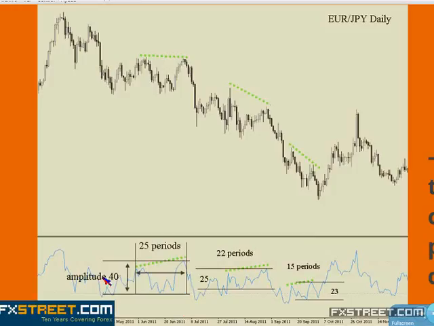As for the amplitude, I guess we have the same situation. If the amplitude gets too large, either your oscillator is too sensitive or it's not well calibrated for the cyclical movements of price.